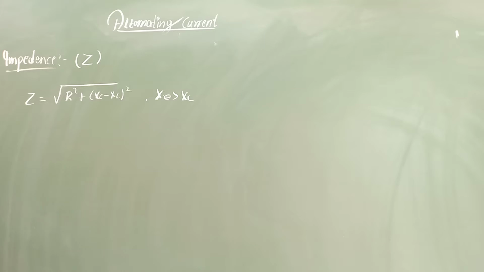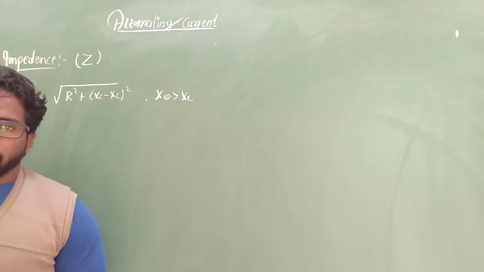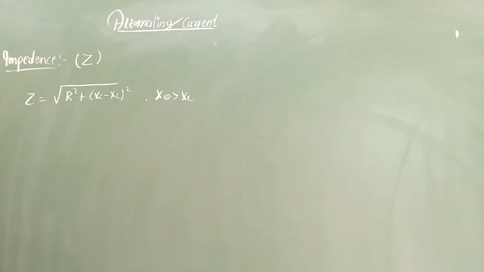Remember that XC is greater than XL. What if XL is greater than XC? Then it will get reversed. It depends on which factor you consider as the greater value and which as the lesser value.